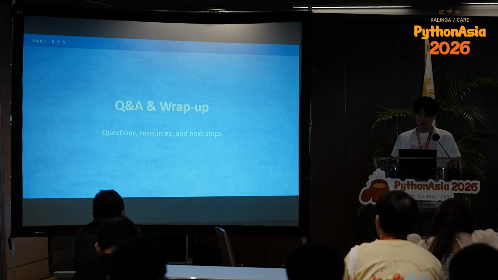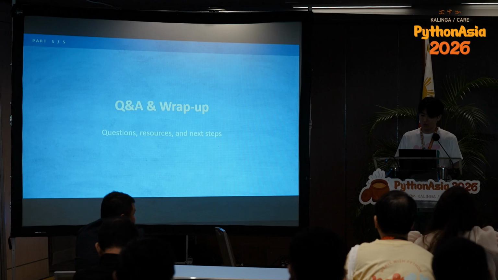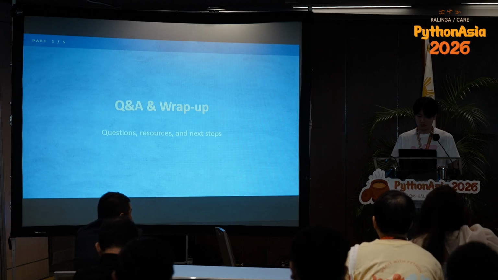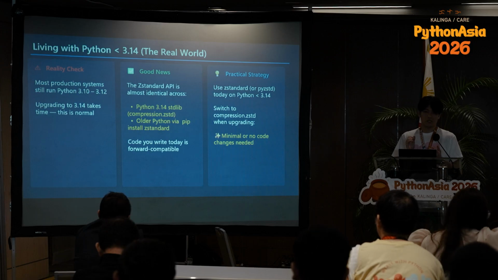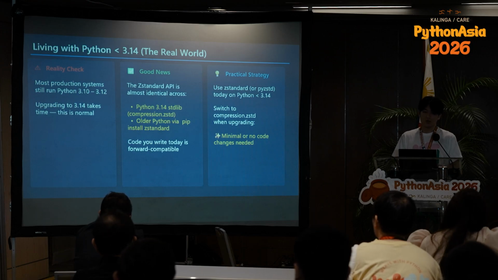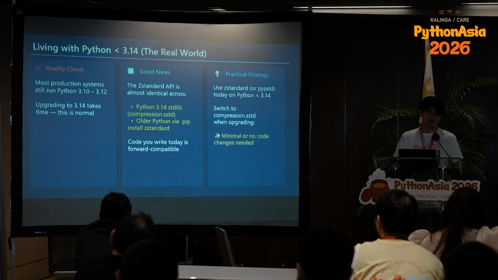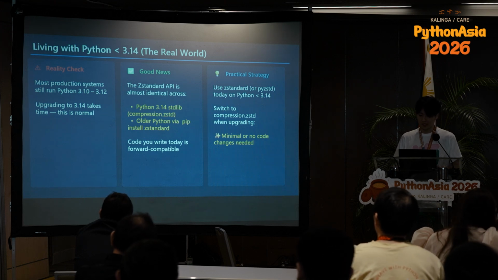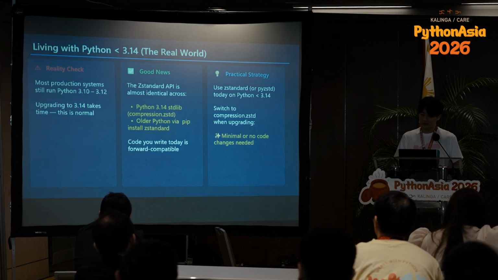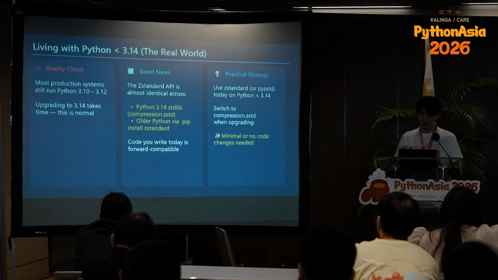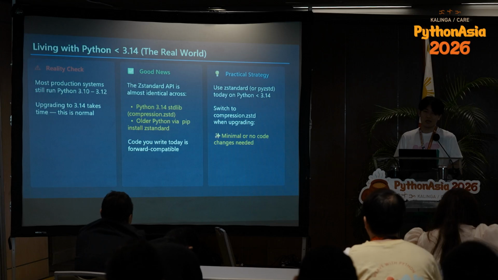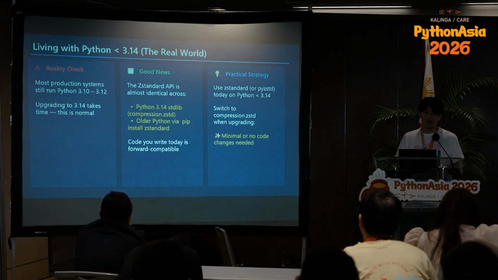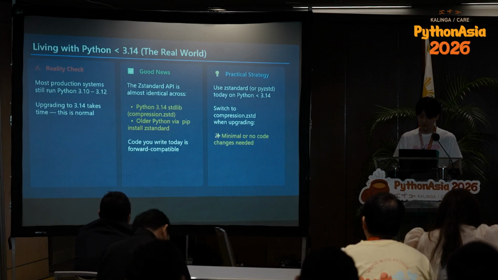Now, we are close to the end of the session. Before ending the session, I will talk about some conclusions. Listening to this presentation, you could understand what Zstandard is. Zstandard becomes a standard library for Python 3.14. However, in the real world, most systems are still running earlier versions of Python.